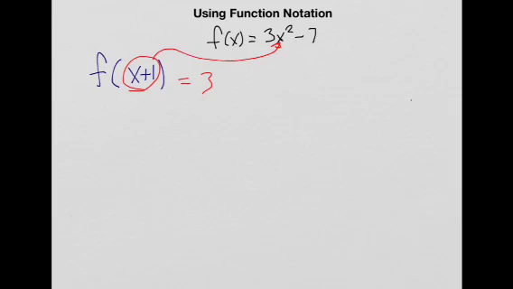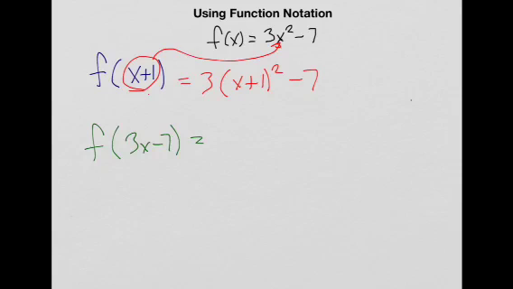So instead of x, I plug in x plus 1, and I square it, minus 7. And for right now, I'm just going to leave it like this. I have a new equation now to deal with. I have a little different input. I can come along and let's go f of 3x minus 7.